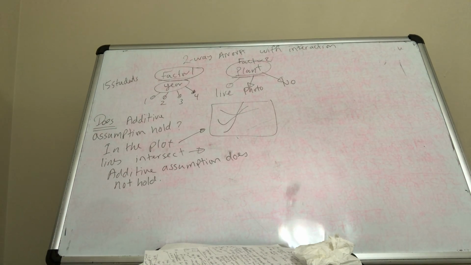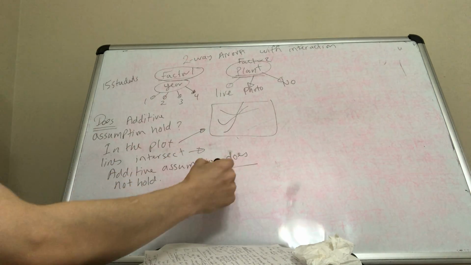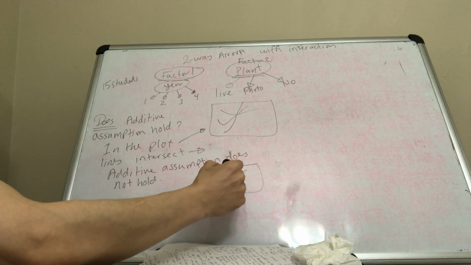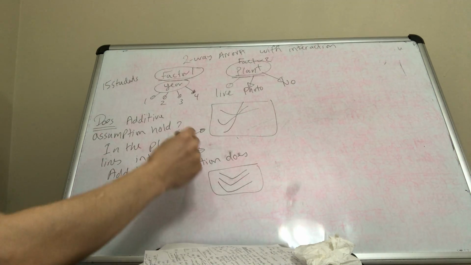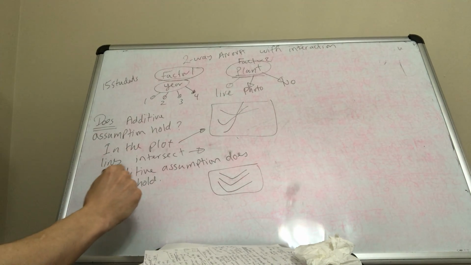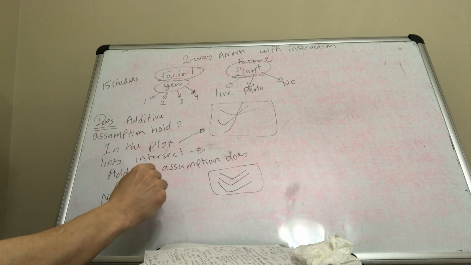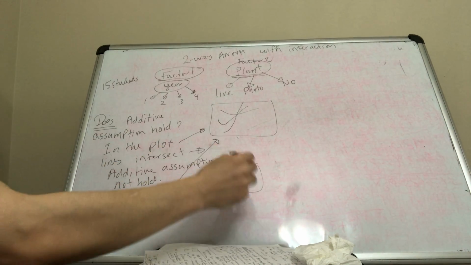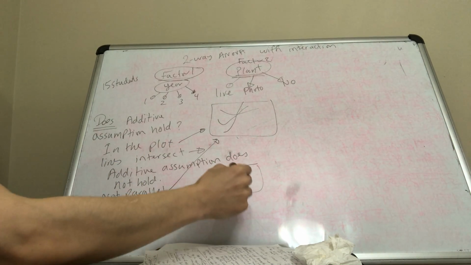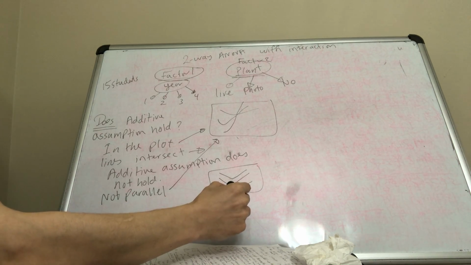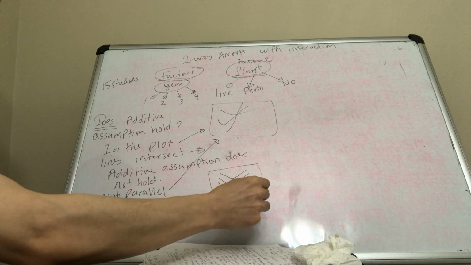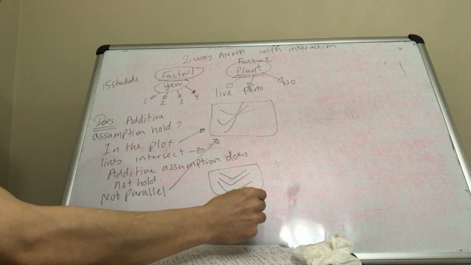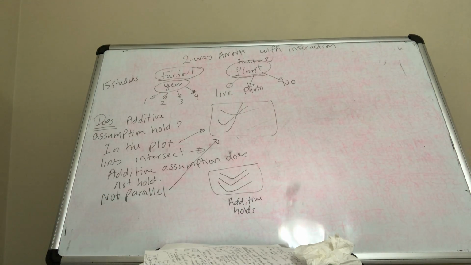So it only holds if the lines were parallel. So if you see a picture and the lines are parallel, in this case they're not parallel. But when the lines are parallel, we say the additive assumption holds. There is no intersection.